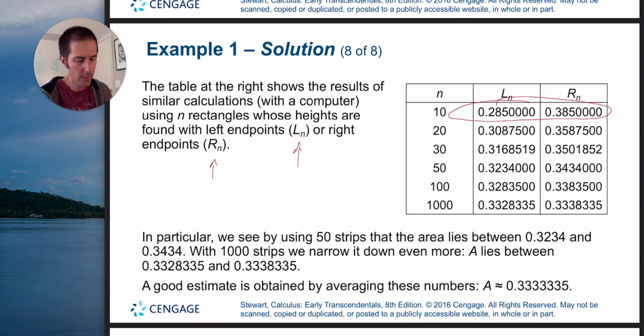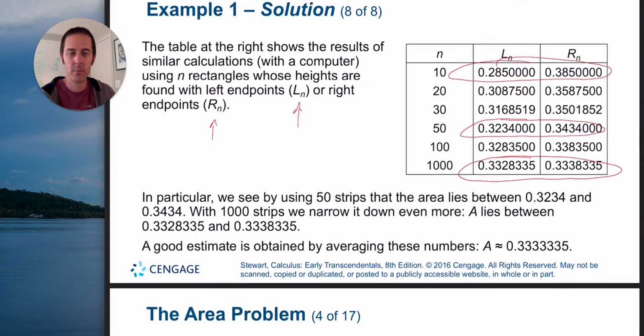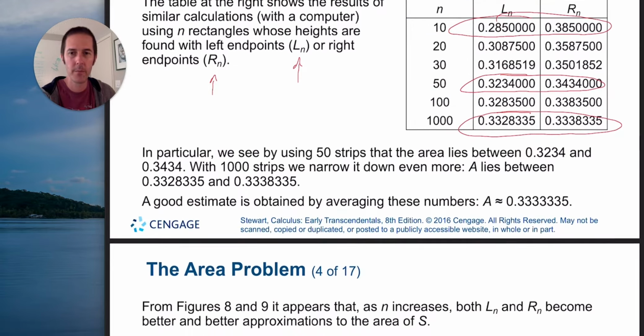These 2 values are not nearly as close to each other as these 2 values, which are not nearly as close to each other as these 2 values. All right, so again, the more slices, the more accurate the estimate, whether it's an over or an underestimate.